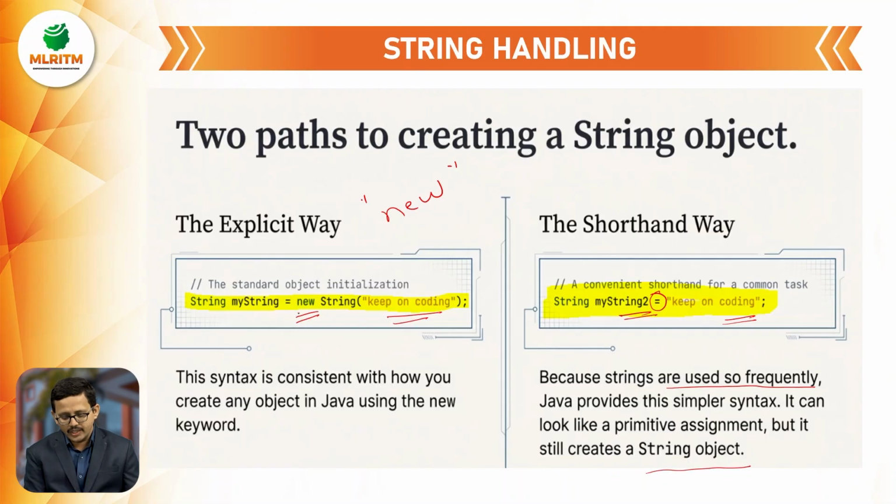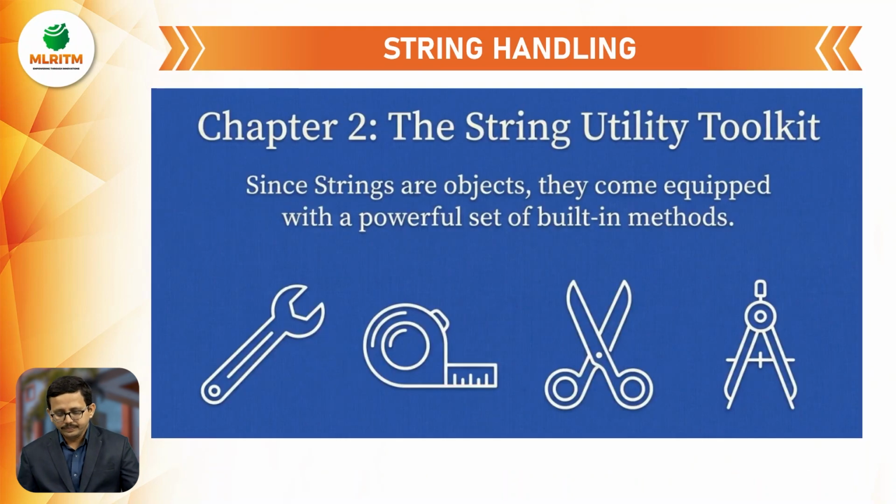It is something like int x = 10, where we assign a primitive integer x a value of 10. In the same way, we can assign a value to a String myString2 using the assignment operator. So these are the two ways in which we can create a string.